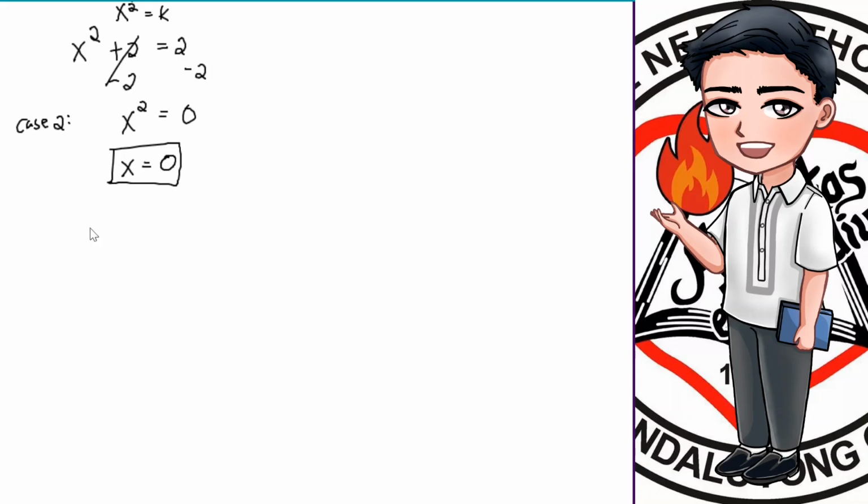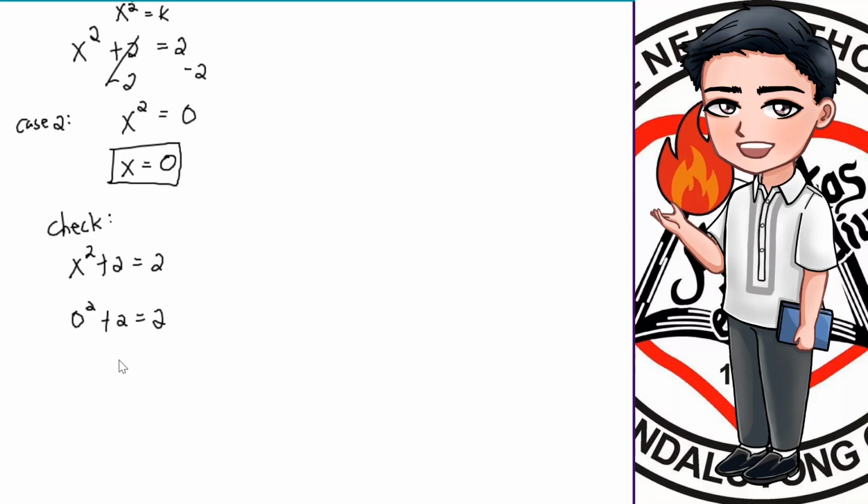Now let us check if our value is correct. So x squared plus 2 equals 2. Substituting the value of x, 0 squared plus 2 equals 2. 0 squared is still 0.